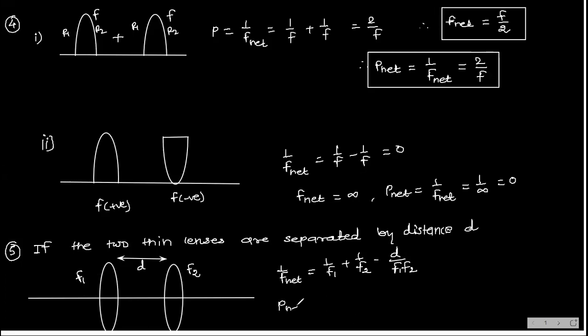And therefore P net is equal to P1 plus P2 minus d into 1 by f1 into 1 by f2, so this is P1 into P2. So this is the formula in this case to find the net power and focal length.